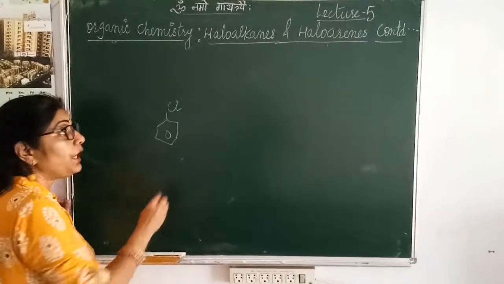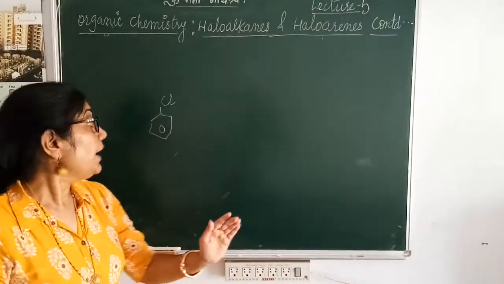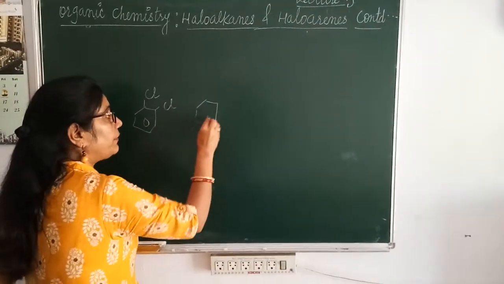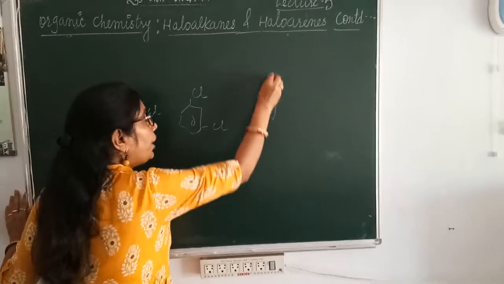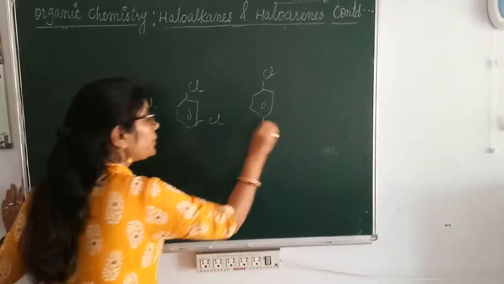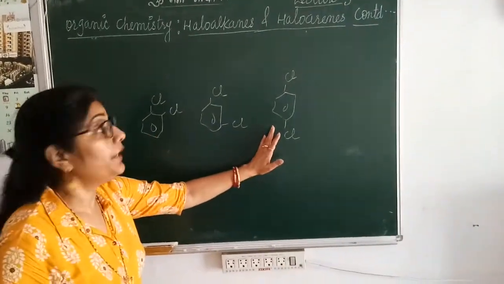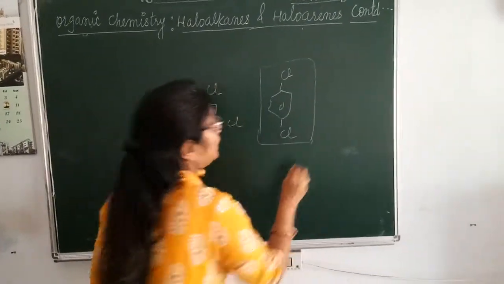for a monohalogen derivative, it would depend upon the mass of halogen. And if we talk about dihalogen derivatives, then their boiling point is almost the same. But so far as the melting point is concerned, it is slightly higher for the para-isomer.